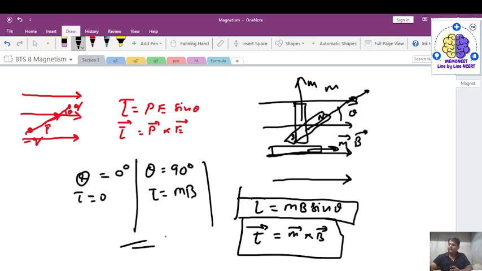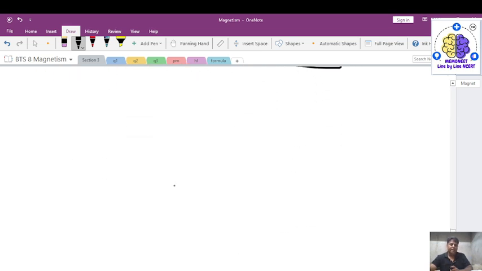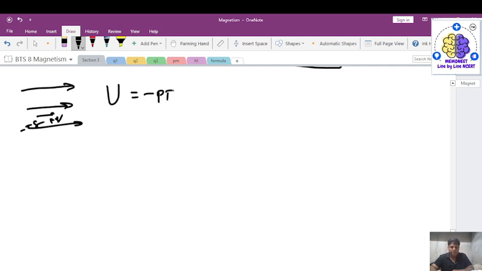Now similarly, as we studied in our electrostatics, the potential energy in a system in which a dipole is placed in a uniform electric field, in that case we had U is equal to minus PE cos theta.